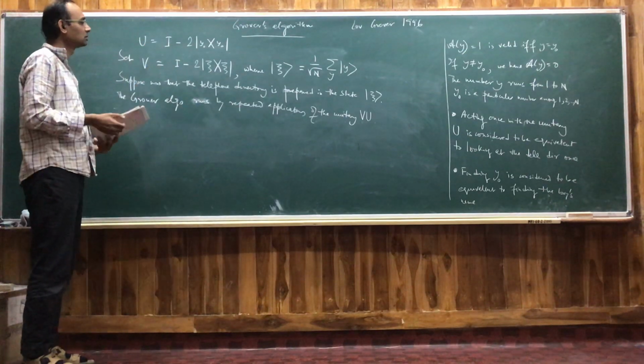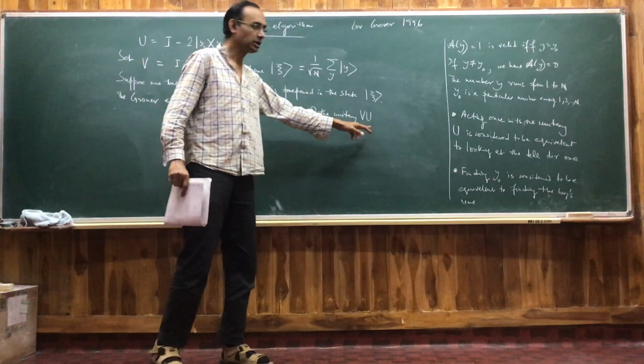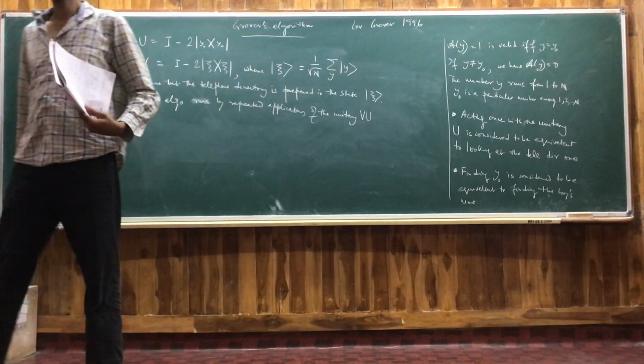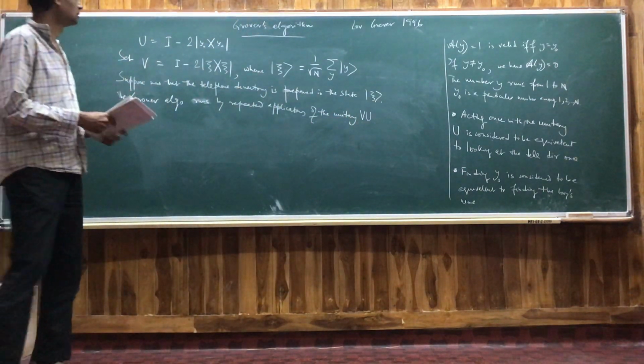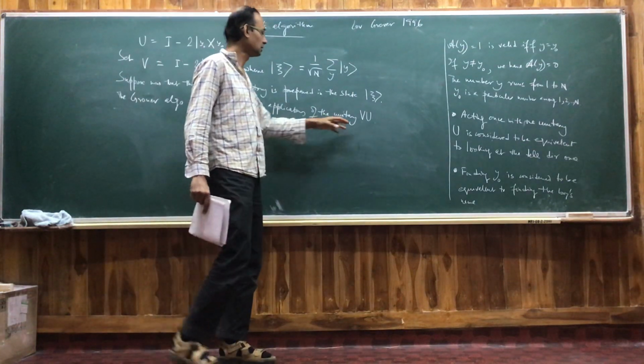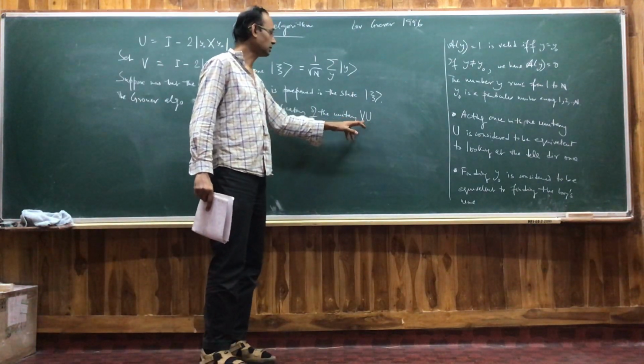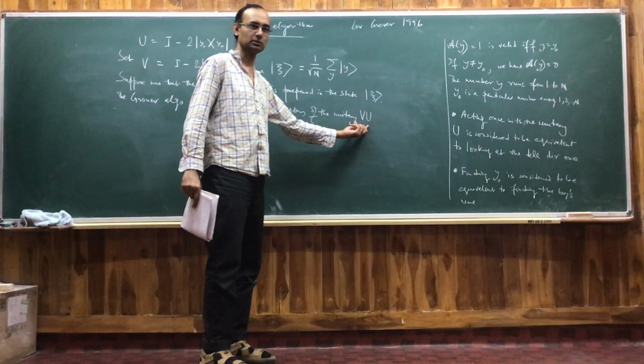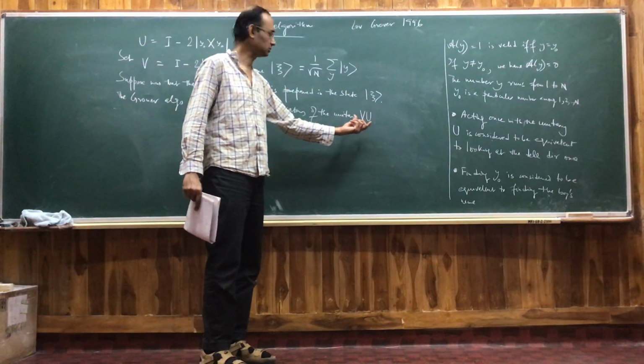These are both unitary. Multiplying unitaries gives us unitaries, yes. This is a very useful thing. You evolve and then again evolve. The whole thing still is an evolution operator, yes. So this is a necessity.